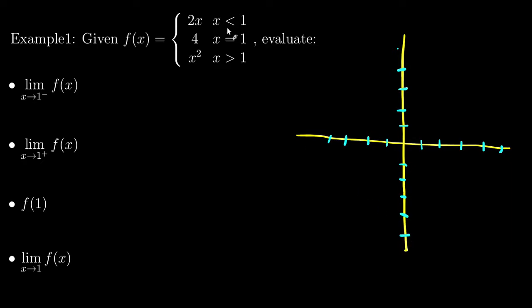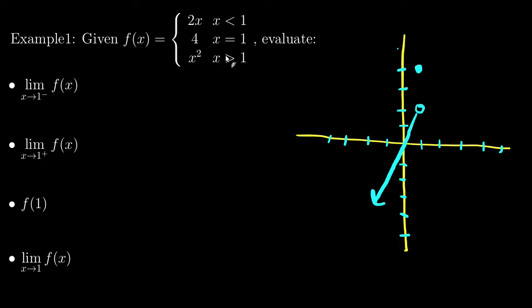But since this is not included, the point 1, 2 would have an open circle here. And as I go left, it's the line with slope 2. I can put in some more points to see that I go through 0, 0. I go through -1, -2, and so forth. At x equals 1, my value is 4, and that's just the point 1, 4.